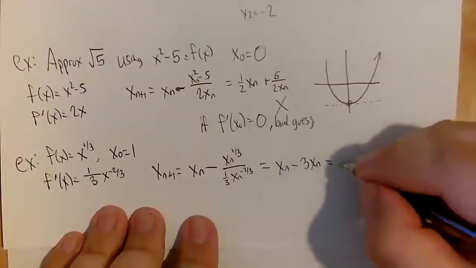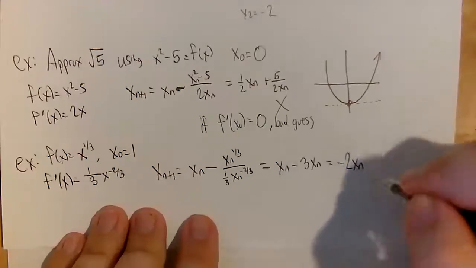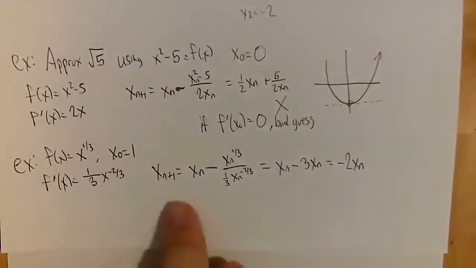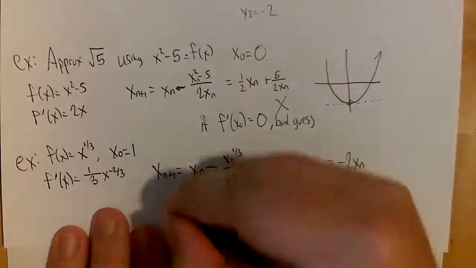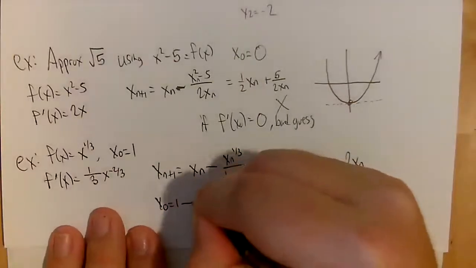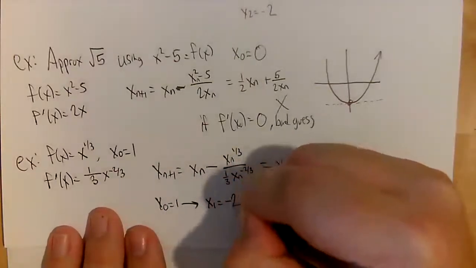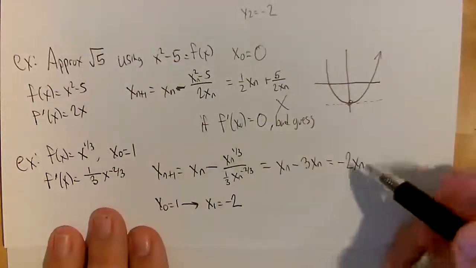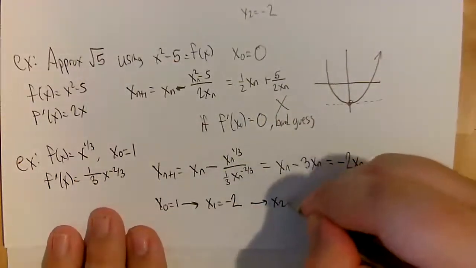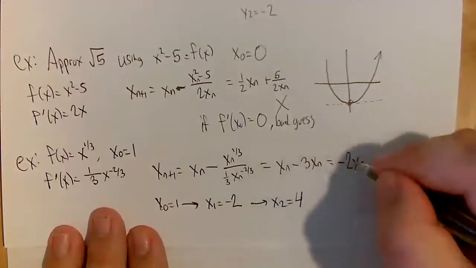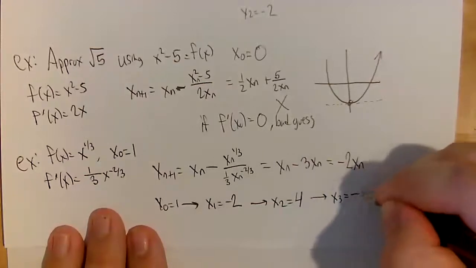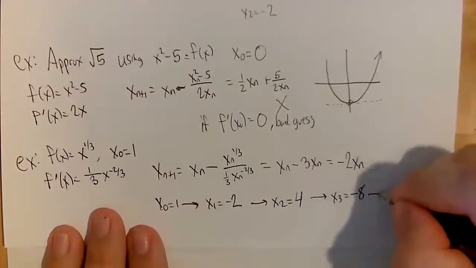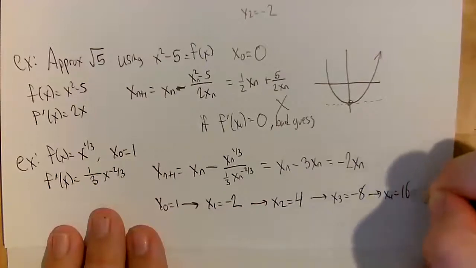If we combine with the initial x_n, we get negative 2x_n. So our subsequent guess is based on our previous guess times negative 2. So if we start off with x naught being 1, this leads to x1 being negative 2, because I multiply 1 by the negative 2 here. Then x2 will be positive 4, so multiply this by negative 2. x3 will be negative 8. x4 will be positive 16.